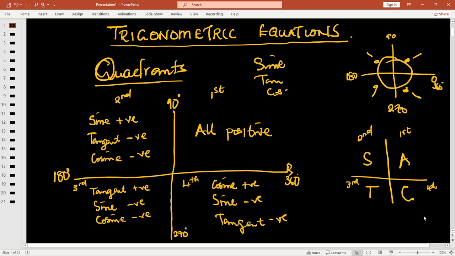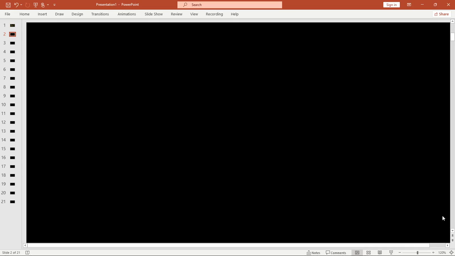Okay. So now, having discussed this, let's go ahead and look at trigonometric equations. For trigonometric equations, we've discussed quadrants, and we know which functions are positive in what quadrant.